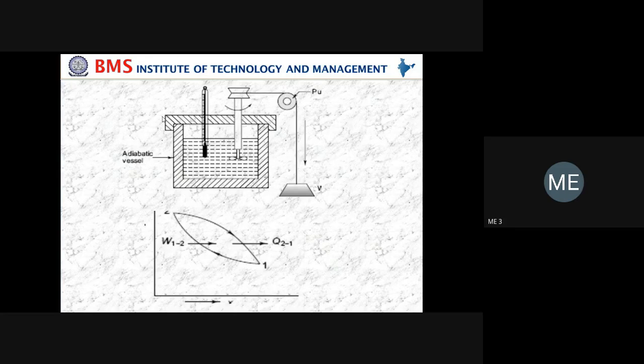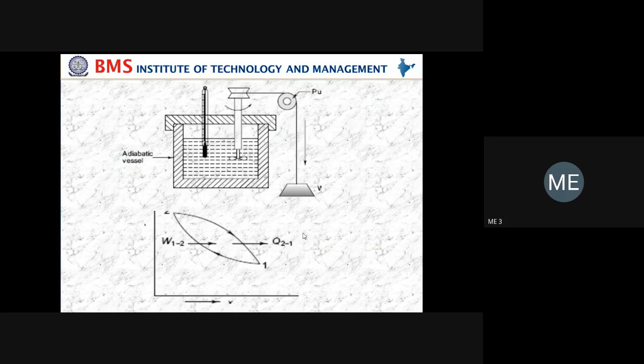We also studied the adiabatic wall and another one, the diathermic wall. An adiabatic wall is one which does not allow the flow of heat between system and surroundings. A diathermic wall is one which permits the flow of heat between the system and surroundings. So this is Joule's experiment for the first law of thermodynamics, undergoing a cyclic process.